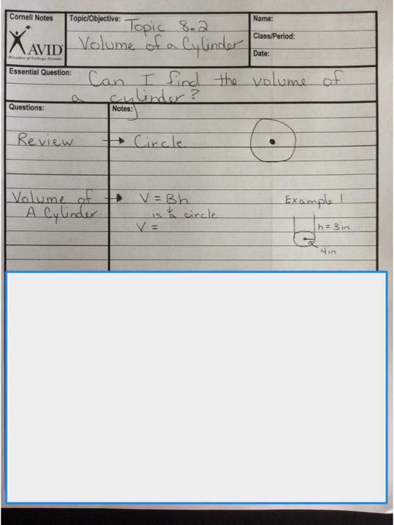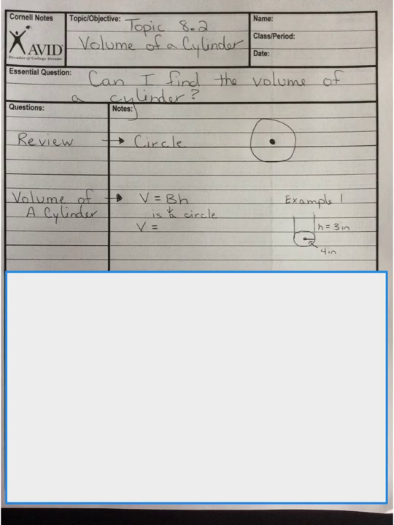So the first thing we want to look at is the formula. And the formula is the volume is going to be the base times the height. Well, what kind of shape is the base of your soda can? Well, we know that the shape of that base of our soda can is going to be a circle. And you can see I wrote that there. The base, the big B for base, is a circle.